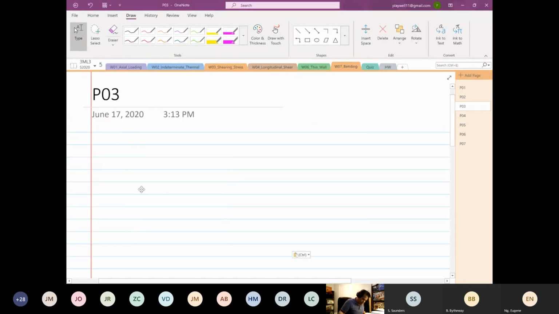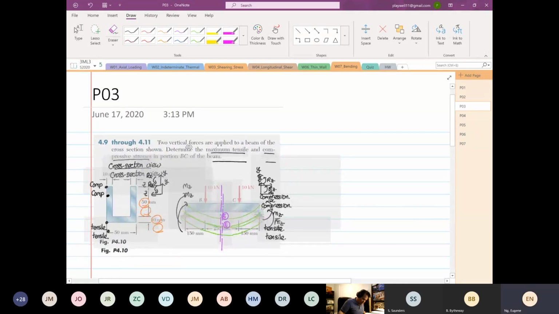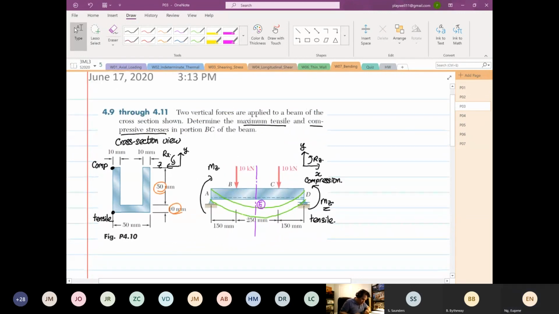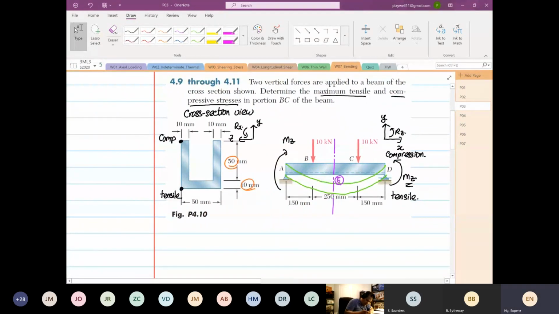So from the analysis that we have carried out, we're going to call the top point alpha, and the bottom is beta.